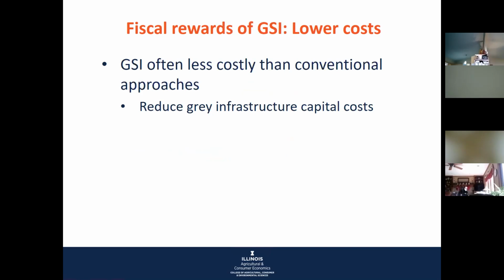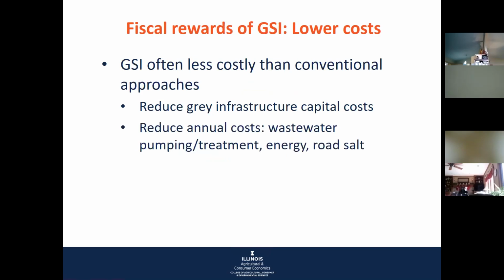And of course, there are capital costs to green infrastructure, but those are often lower. It also reduces the flow of annual costs associated with dealing with stormwater. Wastewater pumping and treatment is a big cost savings. Some kinds of green infrastructure can reduce energy use, and other kinds can reduce use of road salt.